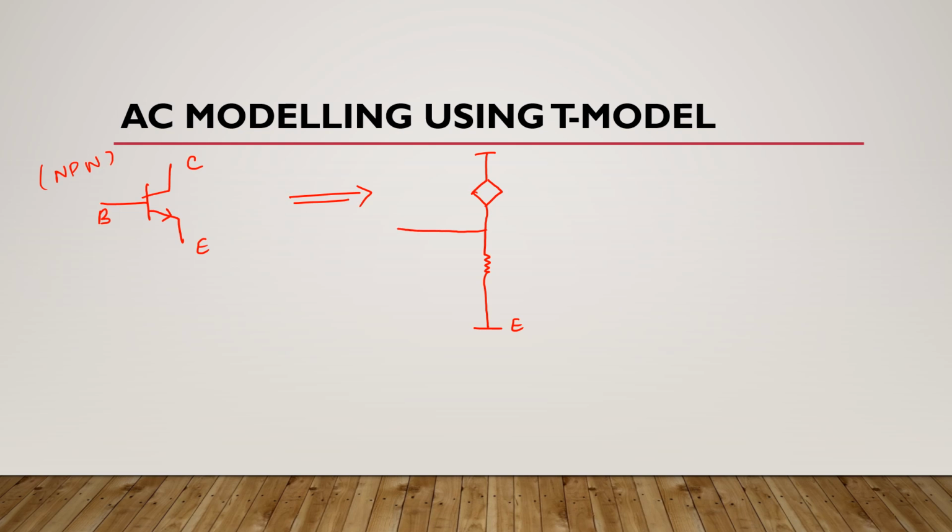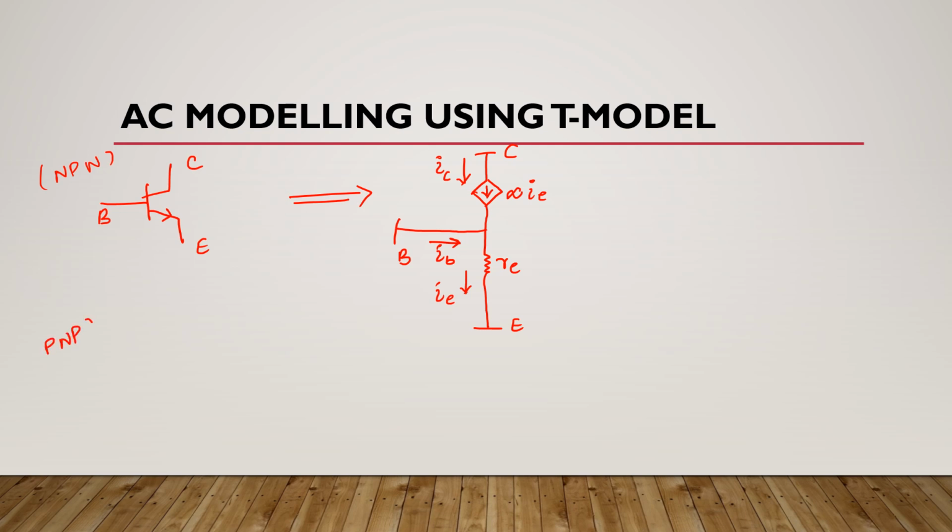Here we have base. This is collector where this current source is present and the arrow is downward here. Now this is the direction of collector current. This is the direction of base current. This is RE and this is the direction of emitter current and this is alpha IE.